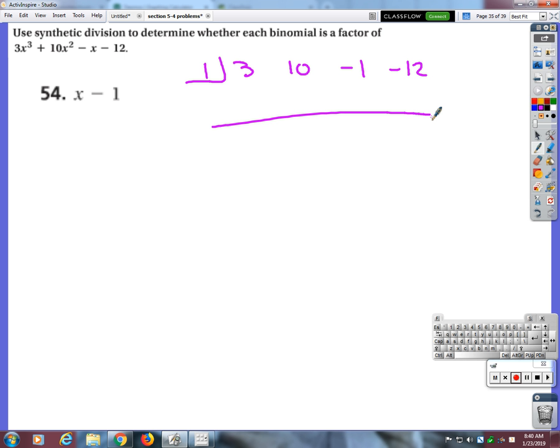Okay, so for 54, you've got x minus 1, so you have to make that 0, so you have to flip it around and put 1 into there. Then I have 3x cubed, 10x squared, -1 x's, and -12. Okay?